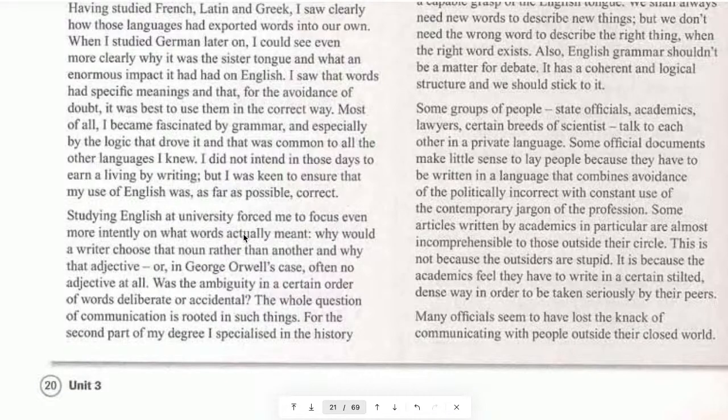Okay, I need to say something about word order as well. And they must mention that the word order and the word choice are just as important as each other. Where?